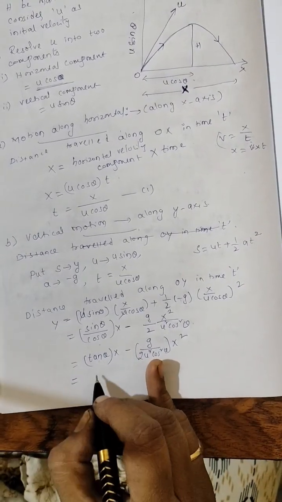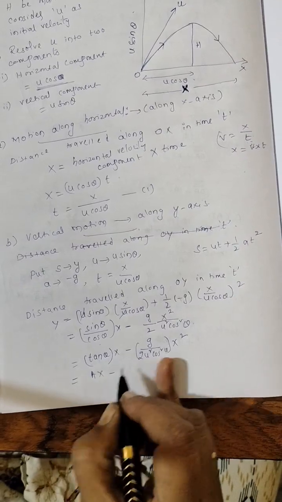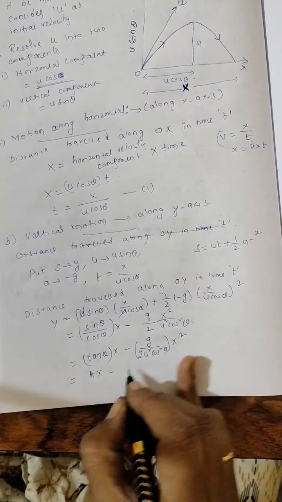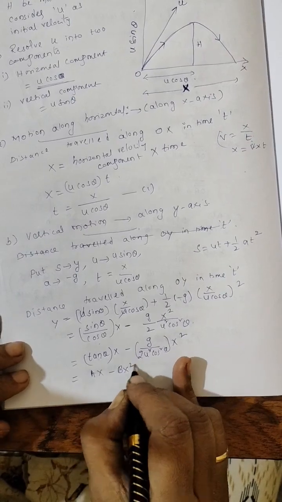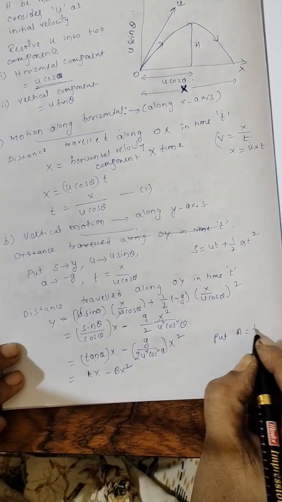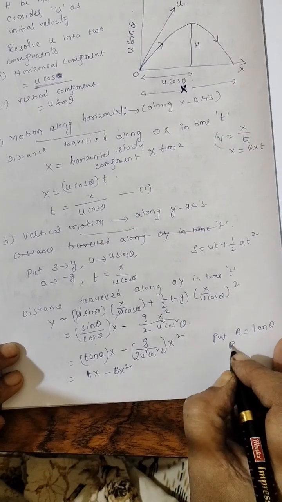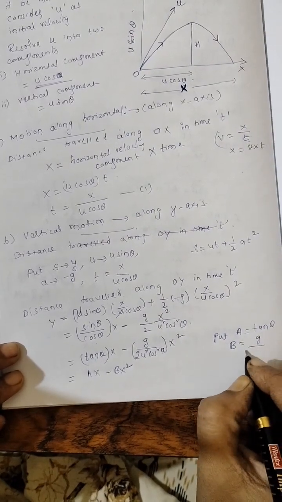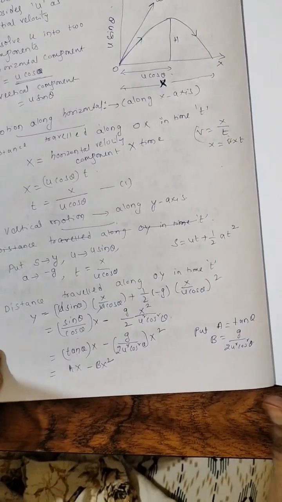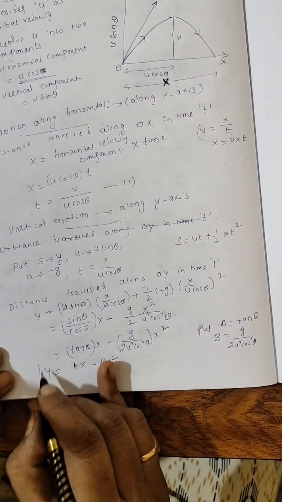Now, in place of tan theta, put a, and in place of the bracket term g by 2 u square cos square theta, put b.